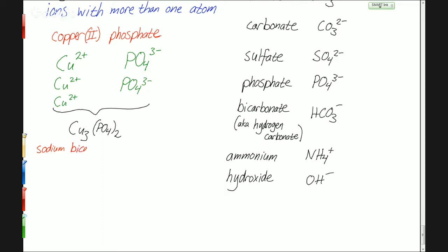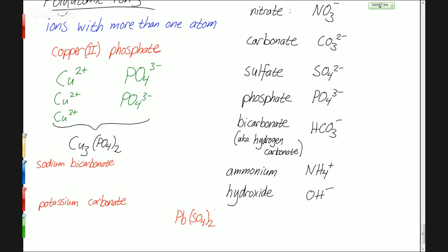Try this one. All right, so you got 2 names. Sorry, I would have put more space, but I want to leave the names up here. So 2 names to formulas, and then 1 formula to name. Sodium bicarbonate, potassium carbonate, and then PbSO4 2.